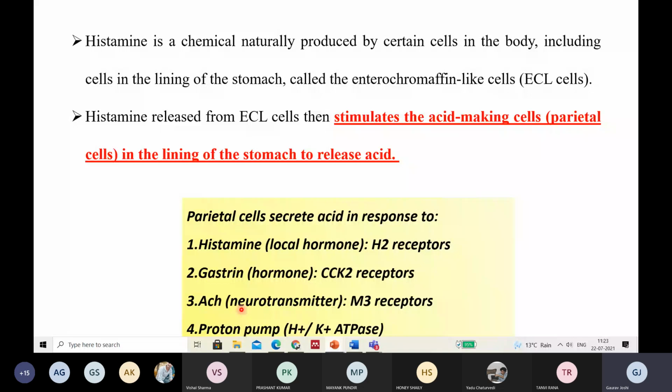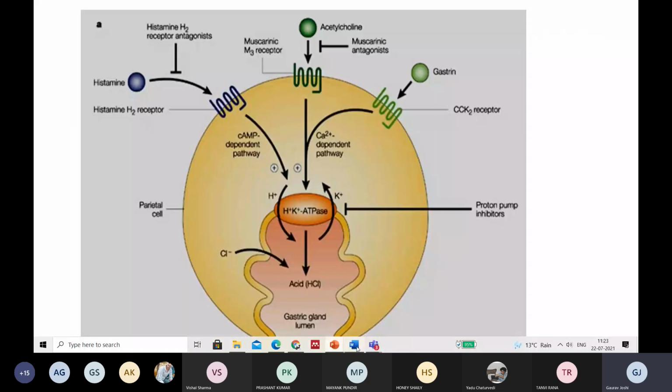So this proton pump, I'll be dealing with just now with a figure. See, okay, this is the thing. What I have told is there are multiple types of receptors that actually contribute to the acid release, right? The first thing is histamine, right? Histamine is affecting the histamine receptor and they are mediating the proton pump, which is then releasing the acid. So proton pumps are present in the parietal cells, right? The second thing I have talked about is acetylcholine, right?